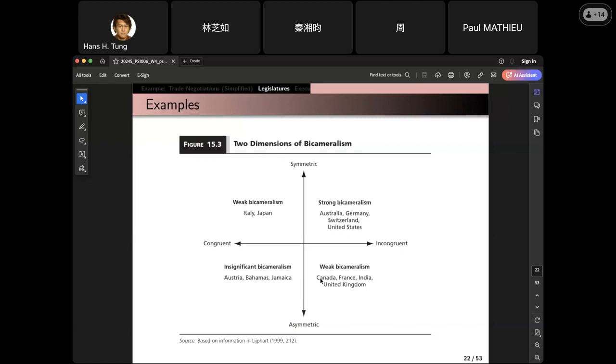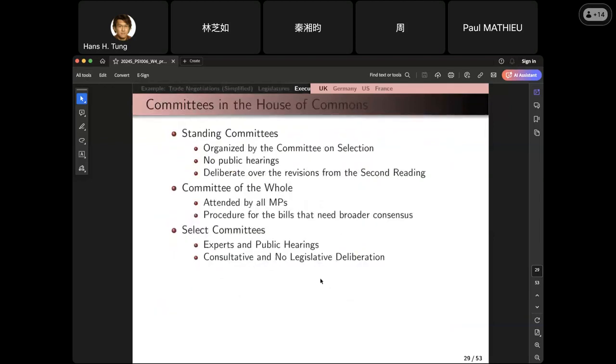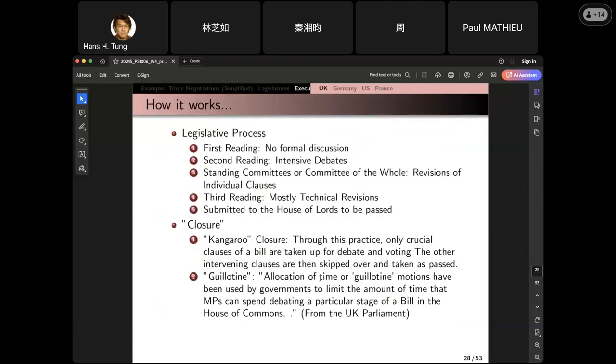In terms of the legislative process, in a British context, you have the first reading. In the first reading, you don't have any formal discussion. You just read the bill. In the second reading, this is where the intensive debates happen. Also, in the UK, as with modern legislatures, there are committees.